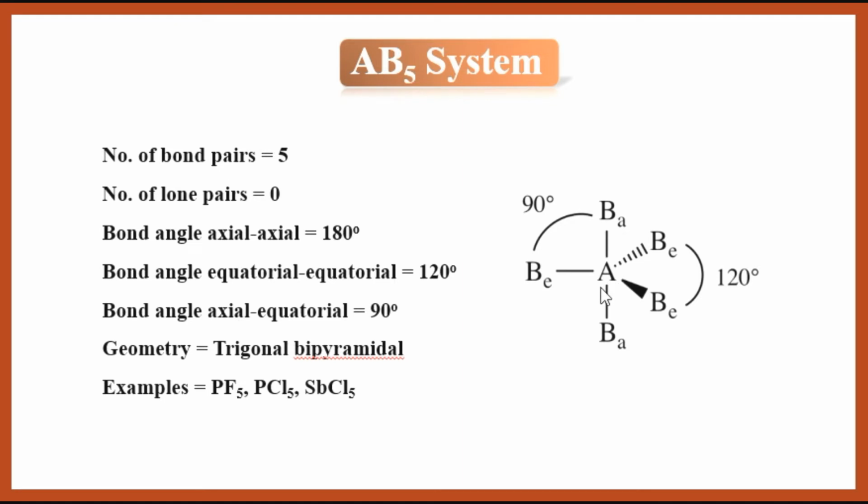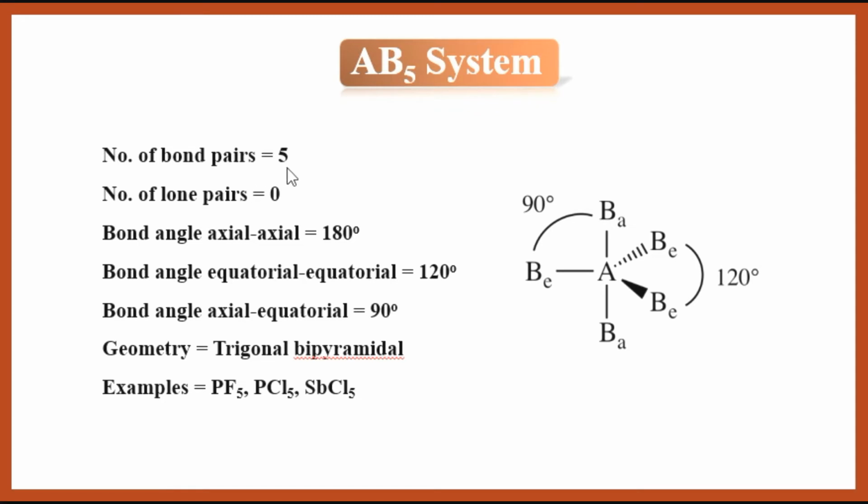and hence in this way the central atom retains a triangle that is formed by these equatorial positions, and the bipyramid that is formed by these 2 axial positions. So in this way its geometry comes out to be trigonal bipyramidal.